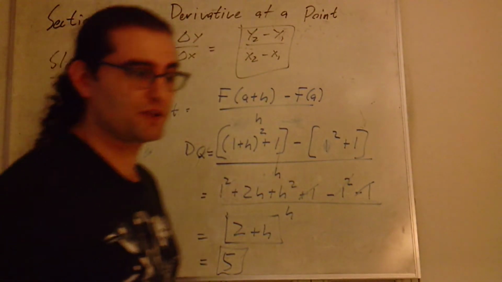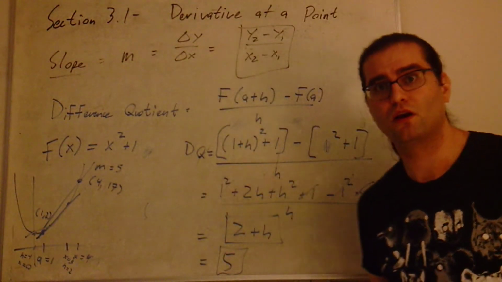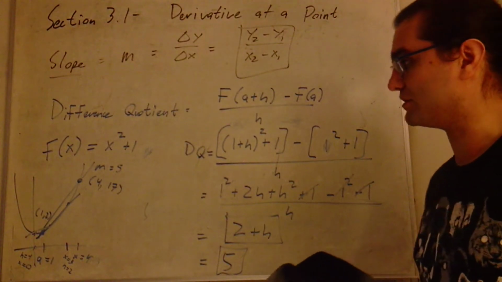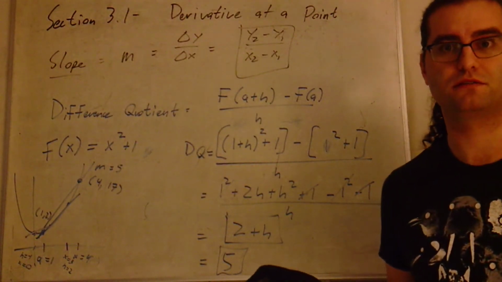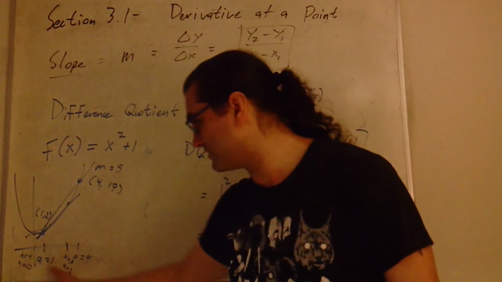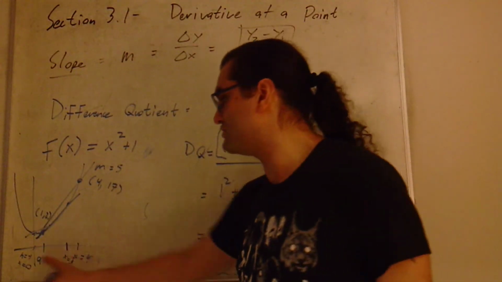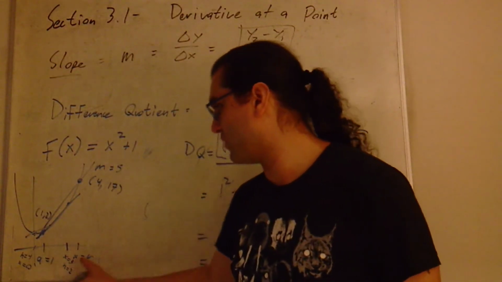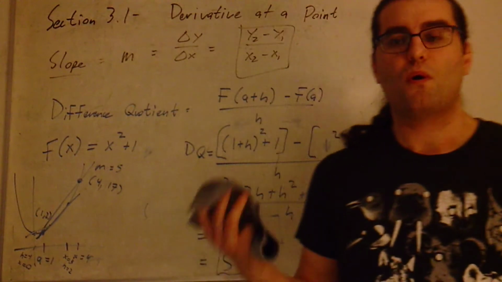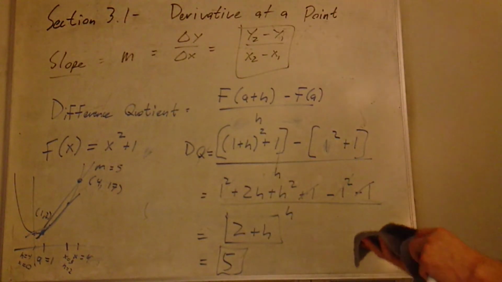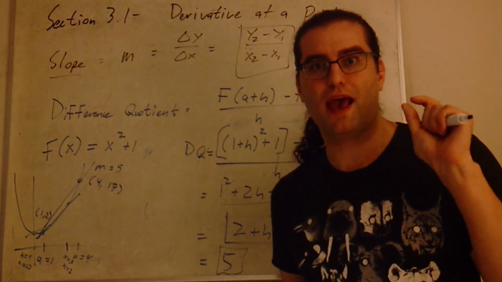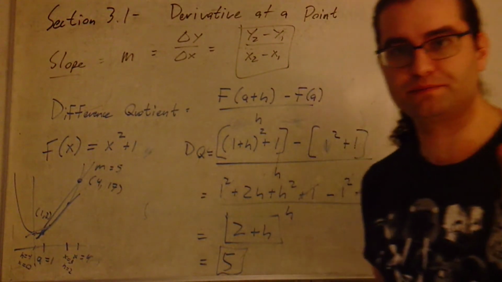But here's where it gets really, really interesting. What if I didn't want to use a separate point? This is still fundamentally about the slope between two different points, x equals 1 and x equals 4, or x equals 3, or x equals -1. I said earlier that what I really, really wanted here was the slope at one point.